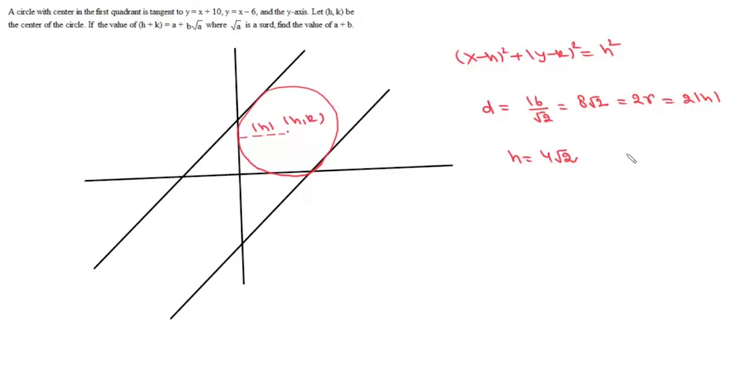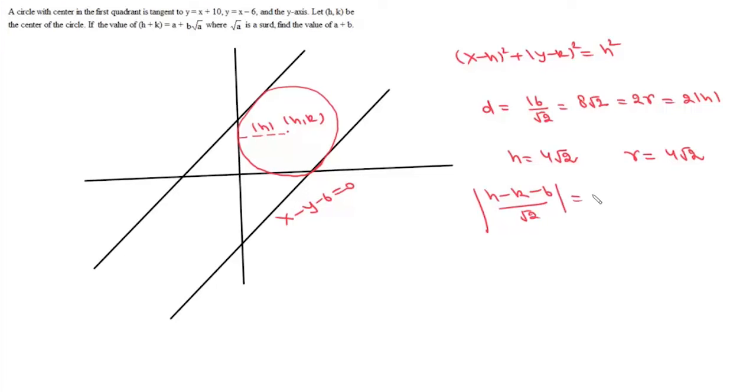Now we will find k. So this h, it is also its radius, which is 4 root 2. So perpendicular distance from center of the circle must be equal to its radius for this line, and this line is x minus y minus 6 equals 0. So we can write this as mod of h minus k minus 6 upon root 2.